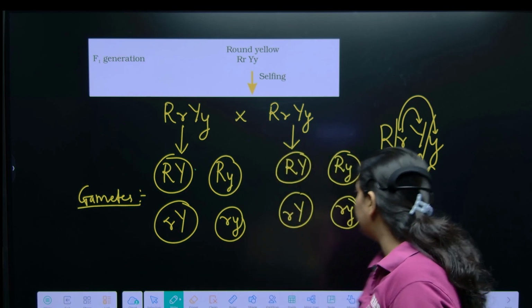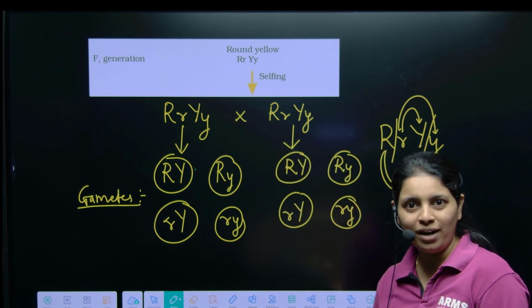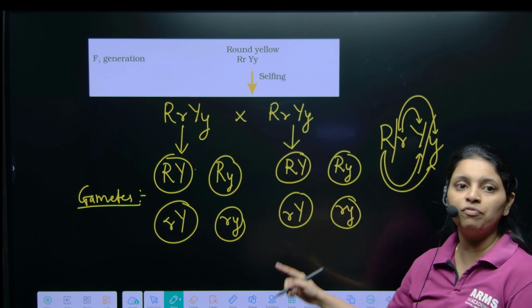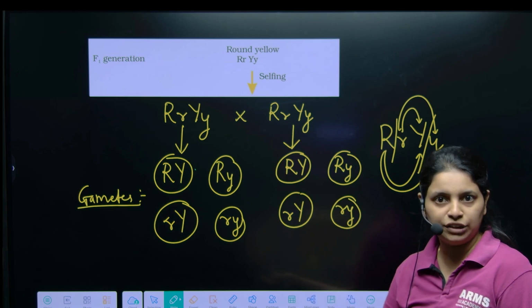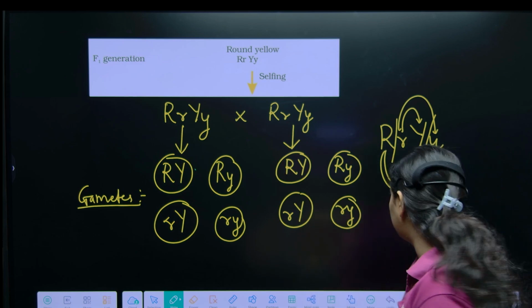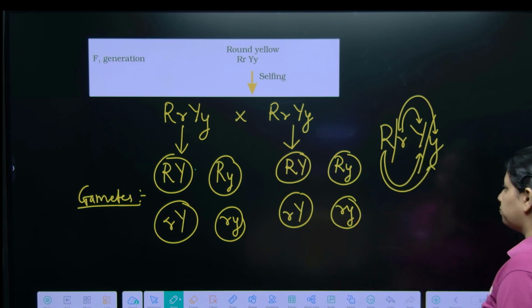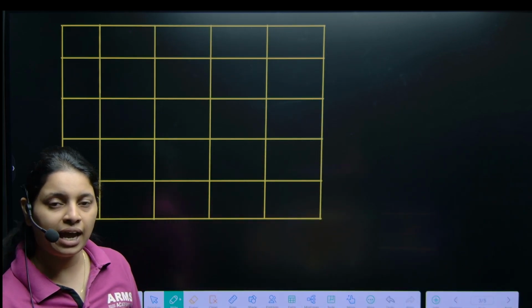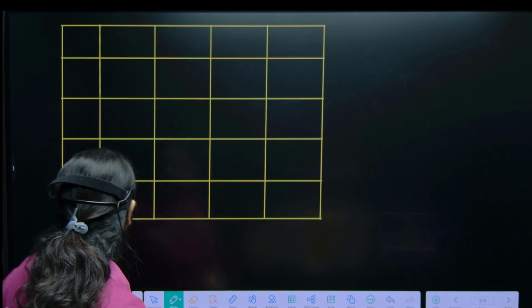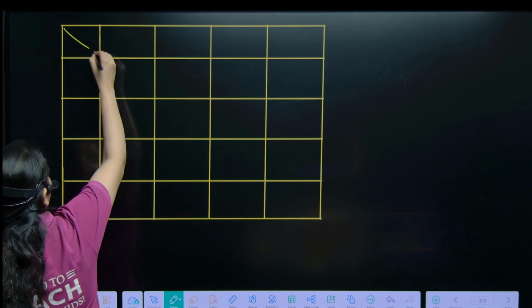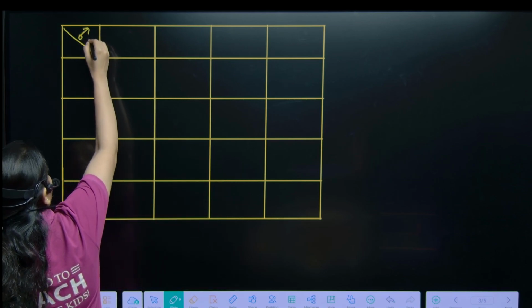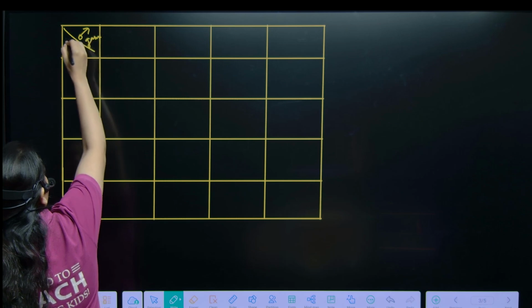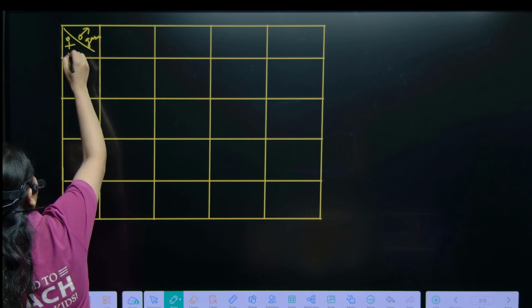So, let's draw the Punnett square and find out what will be the offspring in the next generation, that is the F2 generation, second filial generation. Here let's write all the gametes and the possible offspring. First, let's write the male gametes, and vertically we will write the female gametes.